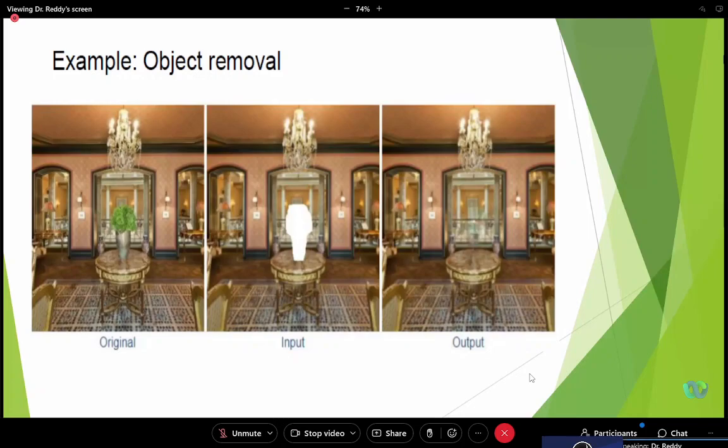Again, I'm going to take some features here. There is an object region which is missing, but at least you have the entire surrounding. When you identify the contours of the missing region, it appears like a curve, an edge, like a flower vase.